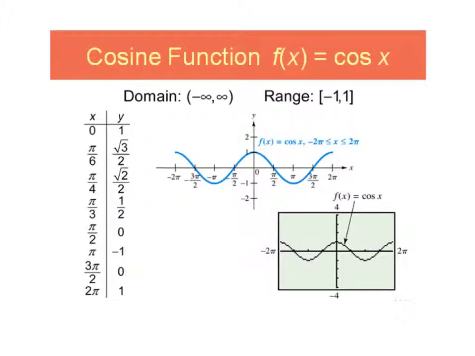Then here we'll increase back to 0, and then finally we'll go back to our maximum. So again, with cosine, one period of the graph, if it starts here and ends in the same place, is still 2 pi, because it takes 2 pi radians to get back to where it began.